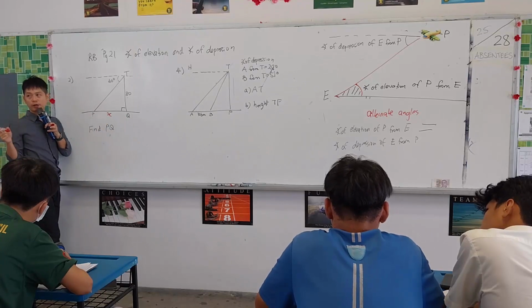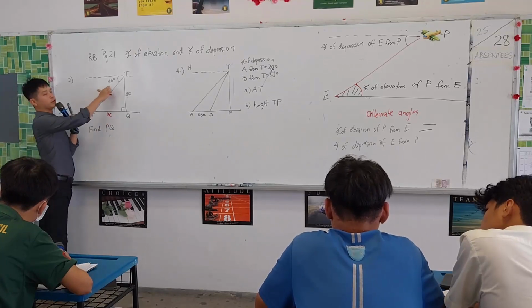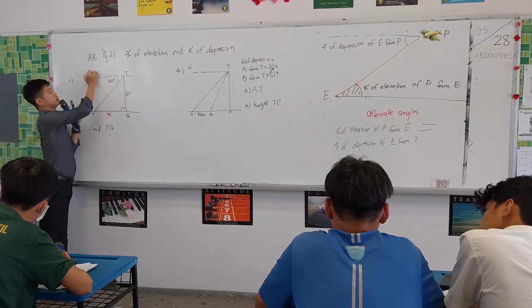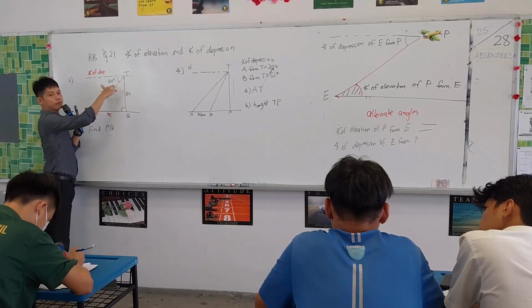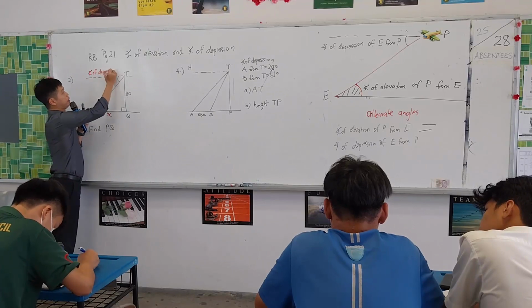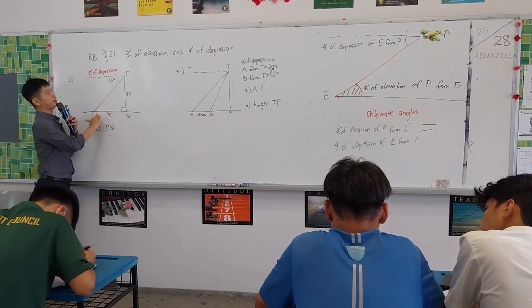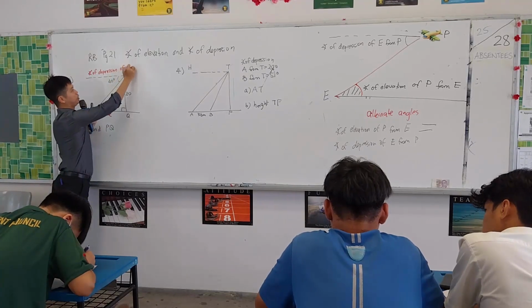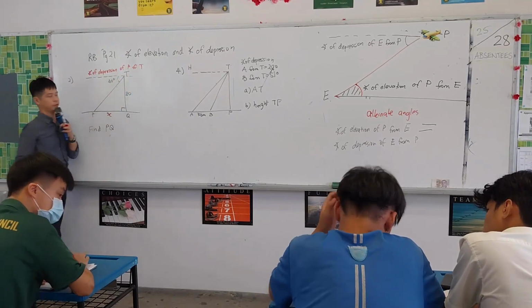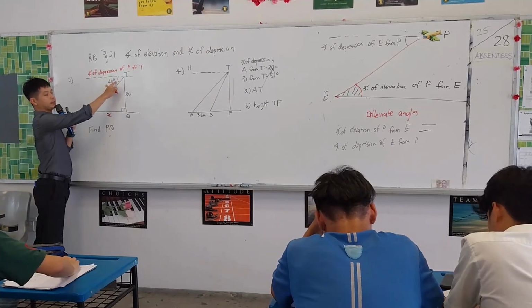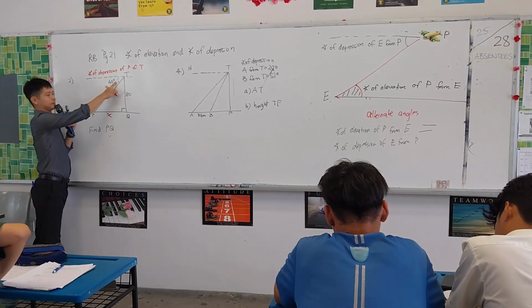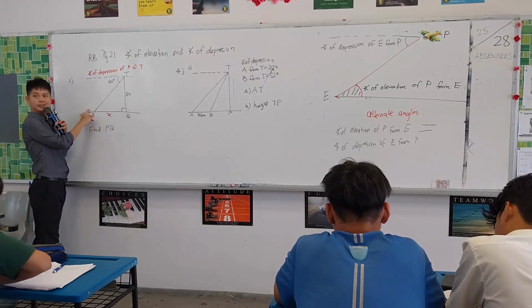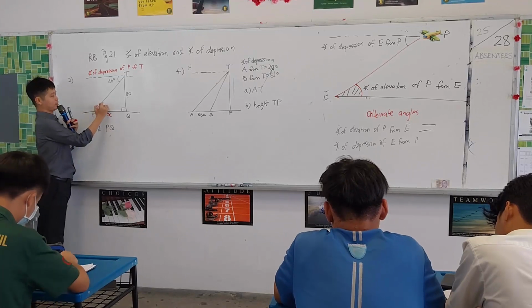But they tell us one more extra piece of info: the angle of depression of P from T. If they never draw the angle for you, you must draw it yourself. So you realize that this angle is the same as which angle here? Below, right? Here? Yes, okay.